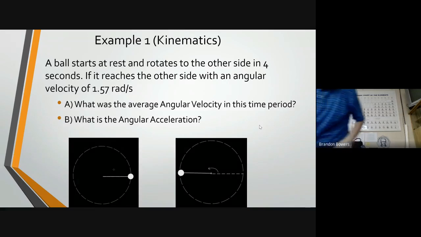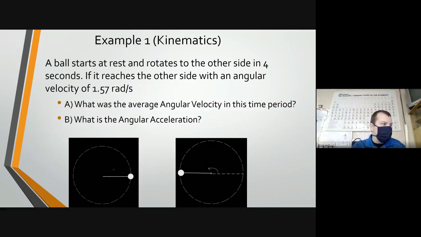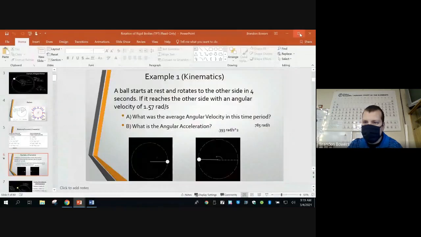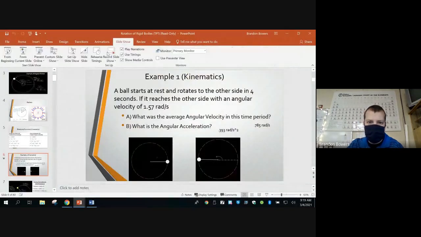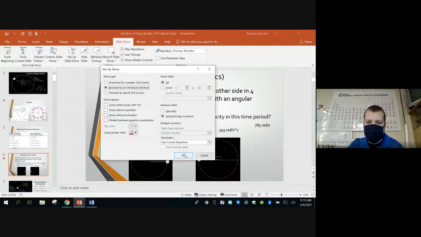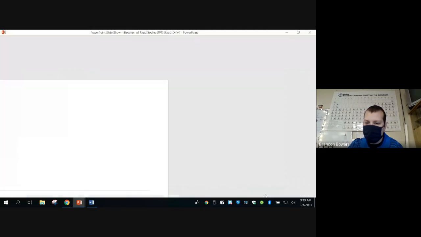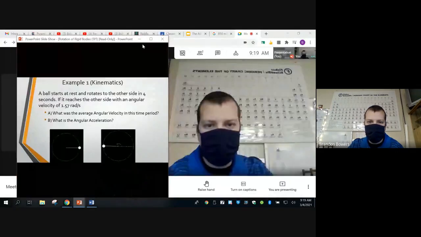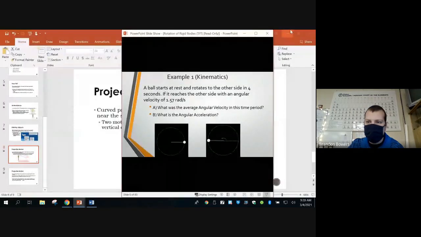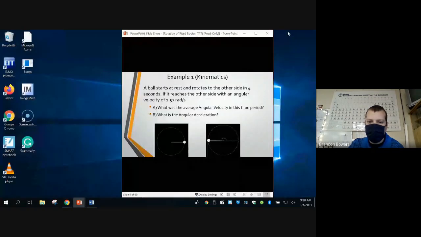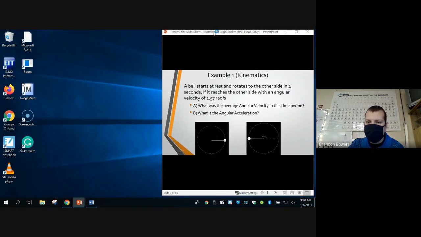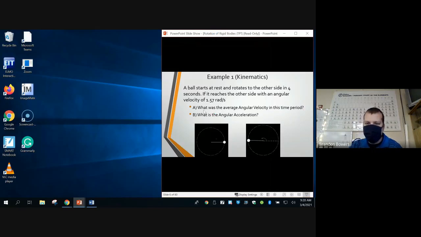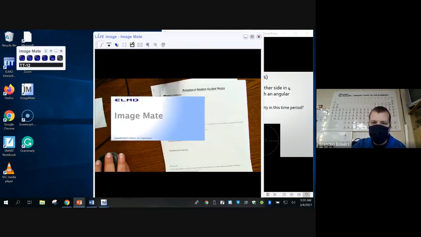All right, let's check this problem out. You guys can get a head start. Okay, so ball starts at rest and rotates to the other side in 4 seconds.